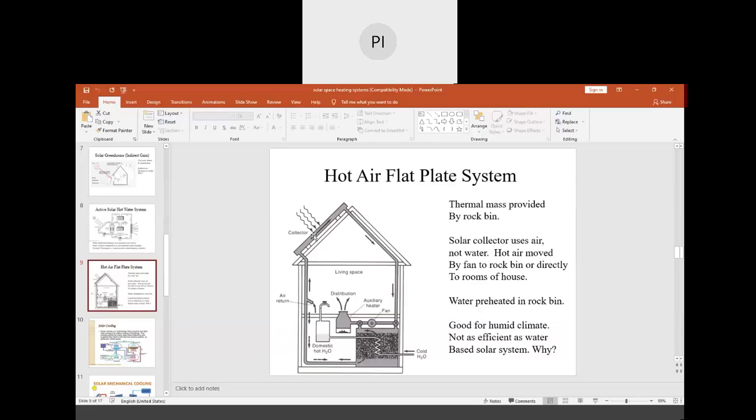Here we are using a thermal collector. This is also a passive type, where either water or air is heated up, generally water heated up by the thermal collector, the flat plate collector. That water comes out, and by water circulation this thermal mass warms up.